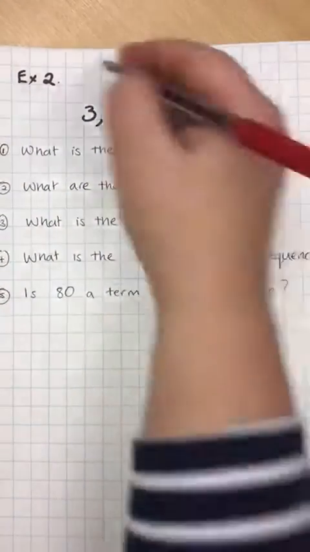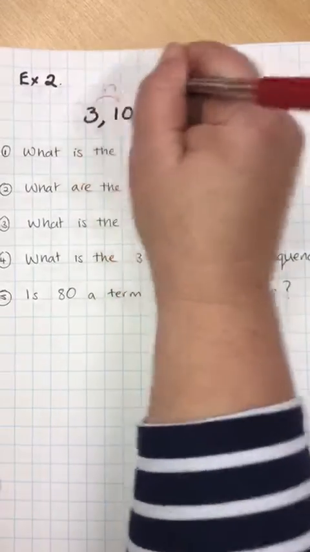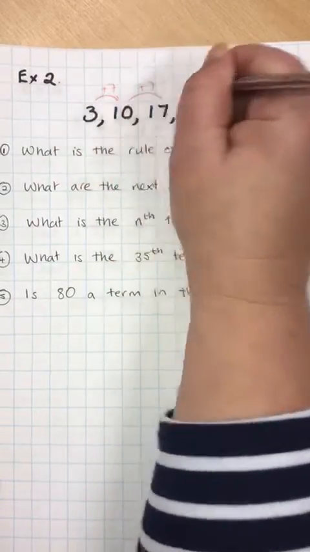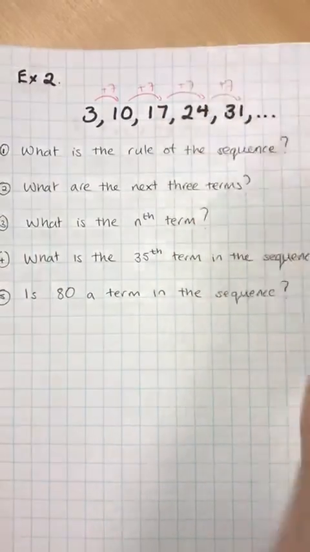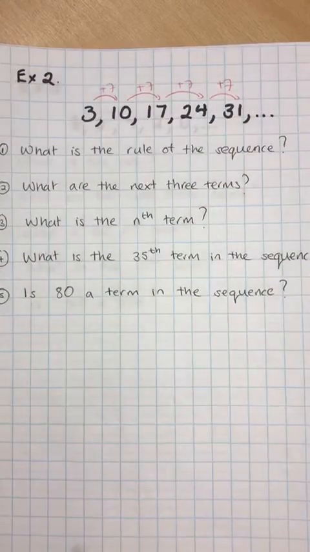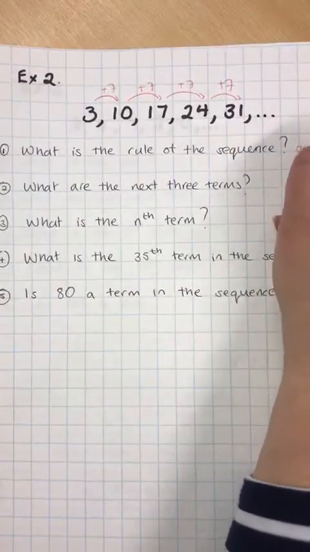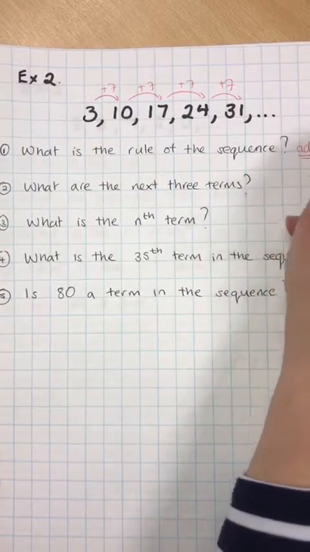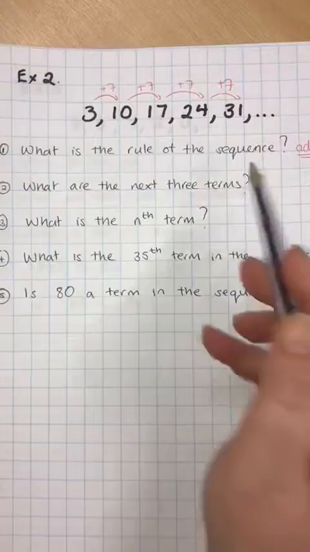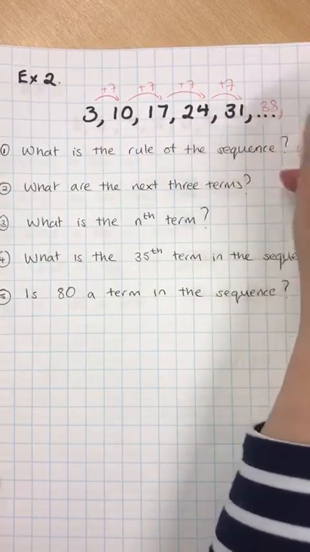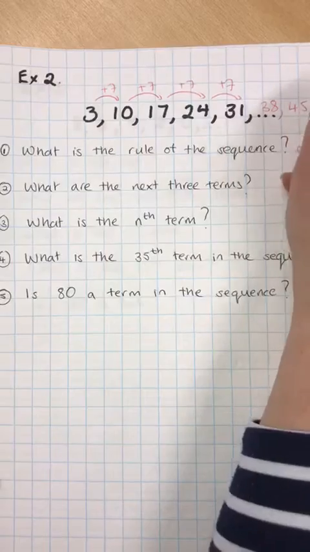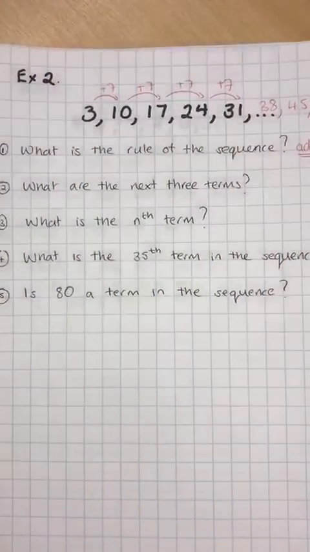What is the rule of the sequence? And again, I'm going to write the rule above every term. The rule for the sequence is add 7 each time. What are the next 3 terms? Add 7, add 7, add 7.